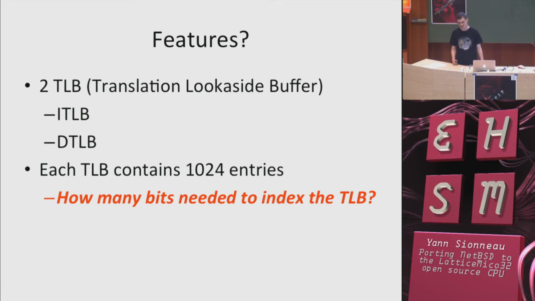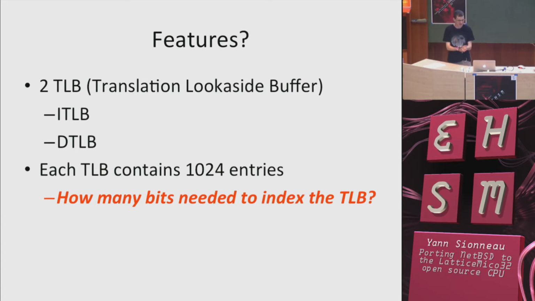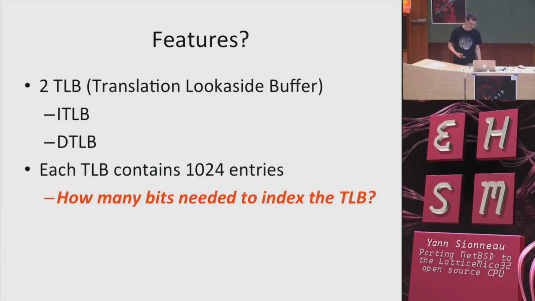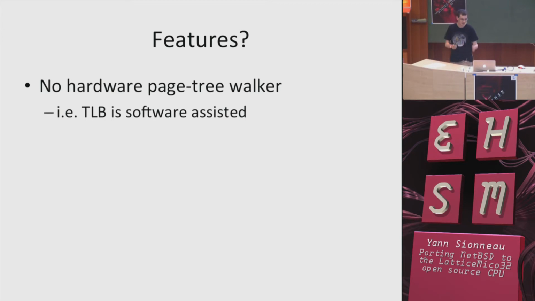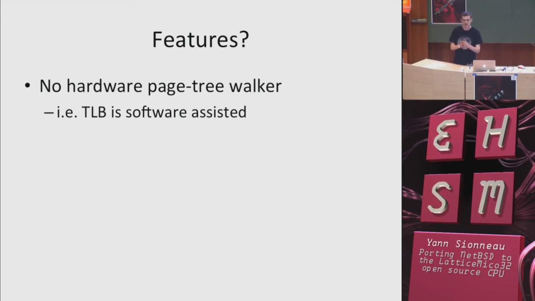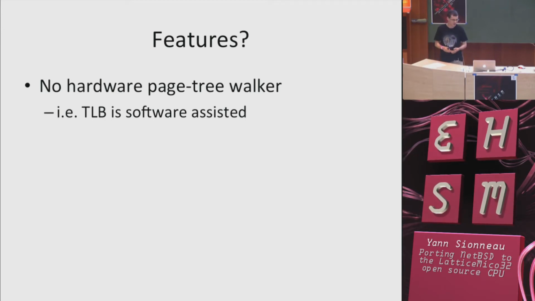When you index 1 TLB, it has 1,024 entries. So it's 10 bits. And then, as I said, there is no hardware page table walker. I mean, there is no hardware block designed to automatically fetch from the page table when it's missing from the TLB. So it's done in software.